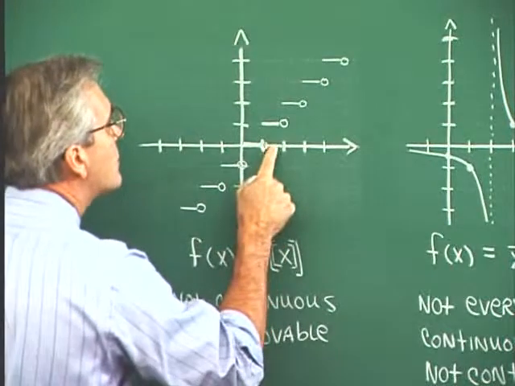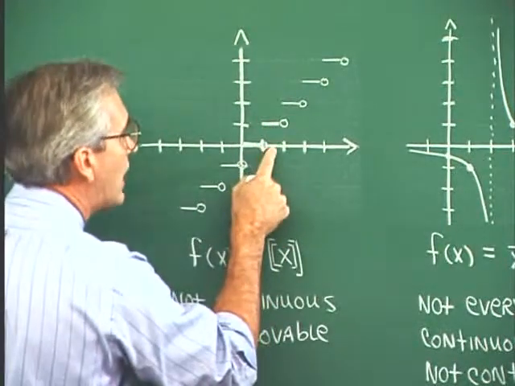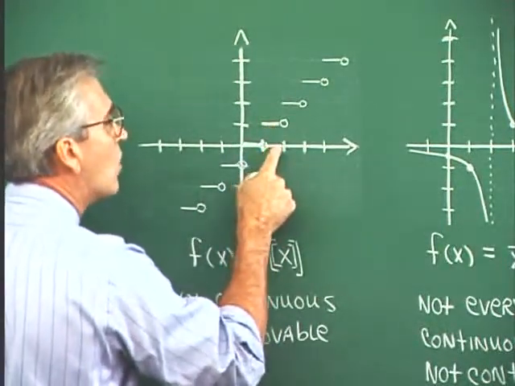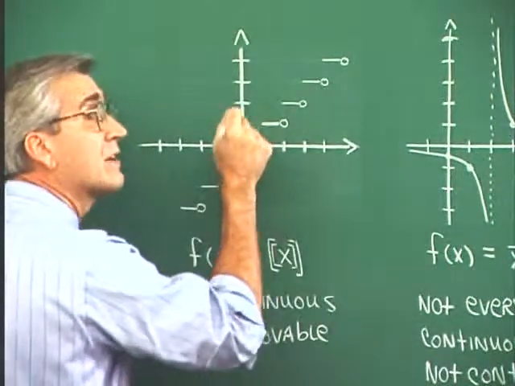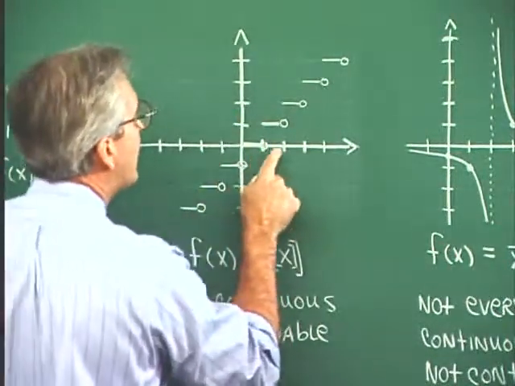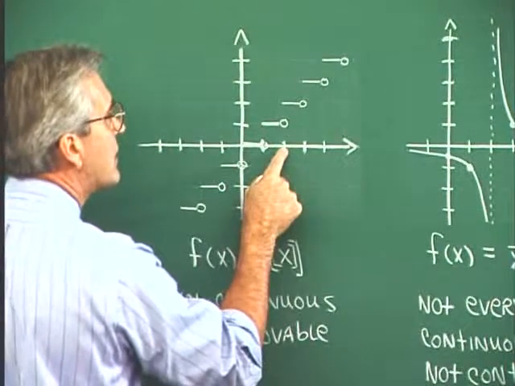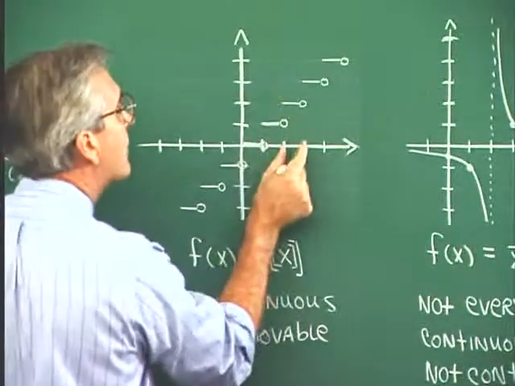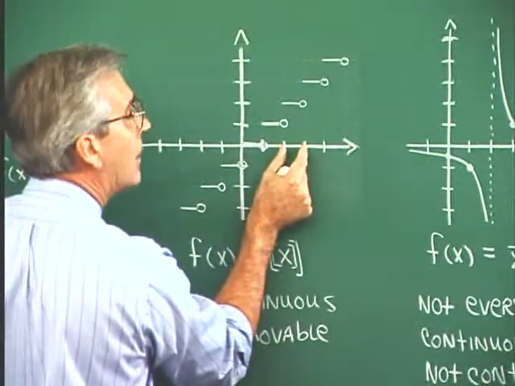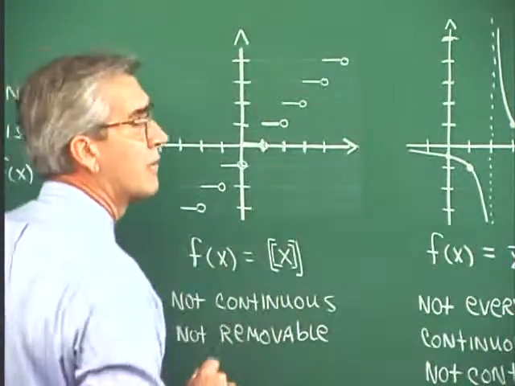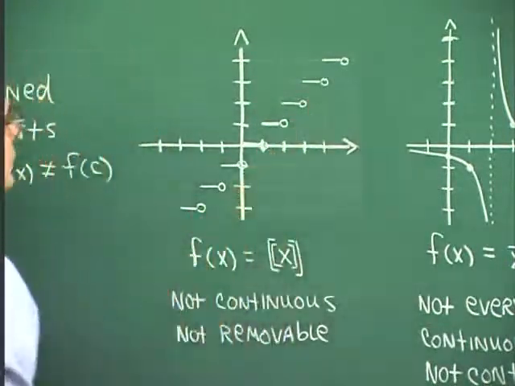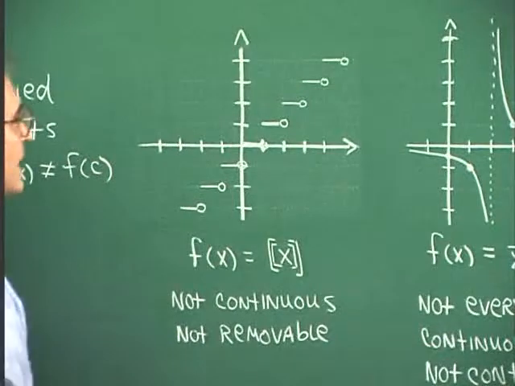You see, that's why f of 1.5 is 1. f of 1.75 is 1, the greatest integer in that number. And then when we hit 2, the greatest integer in 2, we jump up to 2, you see. And for all the numbers in that interval, f of those values would be up here at 2. So it looks like this. And no wonder it's called a step function.